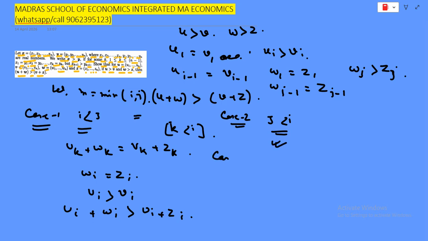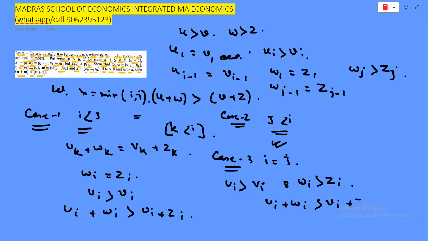Now case 3: if i equals j, if they both decide to differ at the exact same index, then ui is greater than vi and wi is greater than zi. Now adding them up, ui plus wi is greater than vi plus zi. So the victory is here.